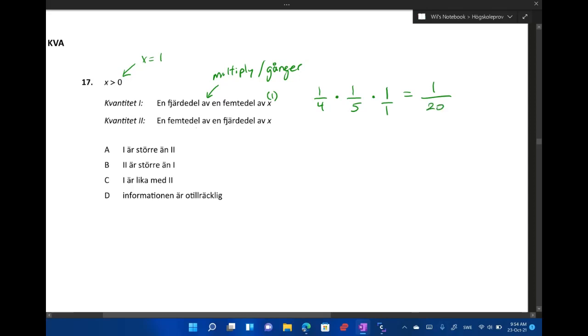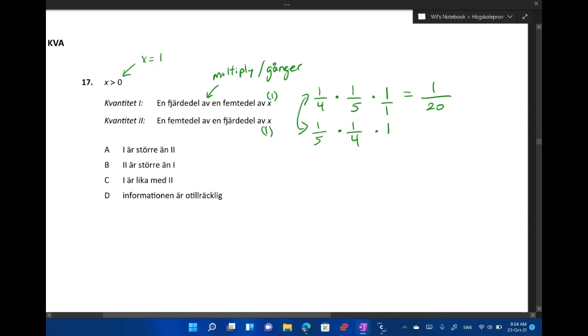Quantity 2 says a fifth of a fourth of x, and we said x is 1. These two look awfully similar, because finding a fifth of a fourth is the same as finding a fourth of a fifth. It's the same as saying 3 times 2 is 6, but 2 times 3 is 6.